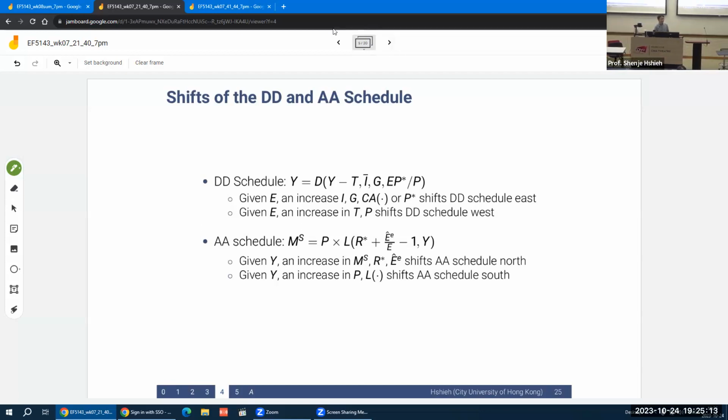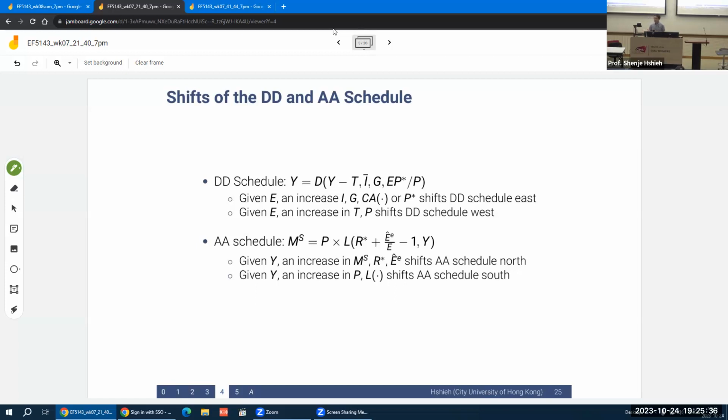All right, if you don't want to think about economics, incentives, and mechanisms, that's fine. You can just memorize this table, write this down somewhere. That's okay too. This slide basically tells you, if certain parameters change in the aggregate demand function or in the AA schedule, which line to shift, either to the left or to the right or up and down.